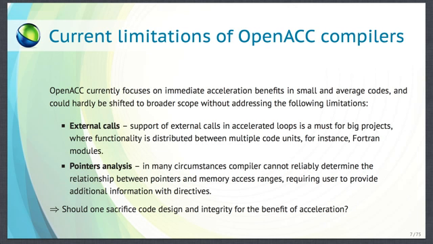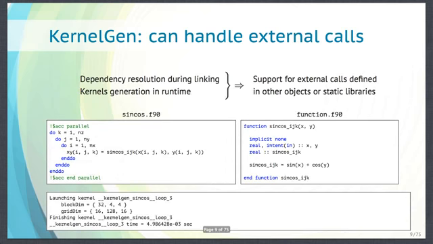So OpenACC, although it's currently supported by multiple vendors, has some serious limitations. Many of them are listed here: external calls and pointer analysis. Let's consider each one by example.